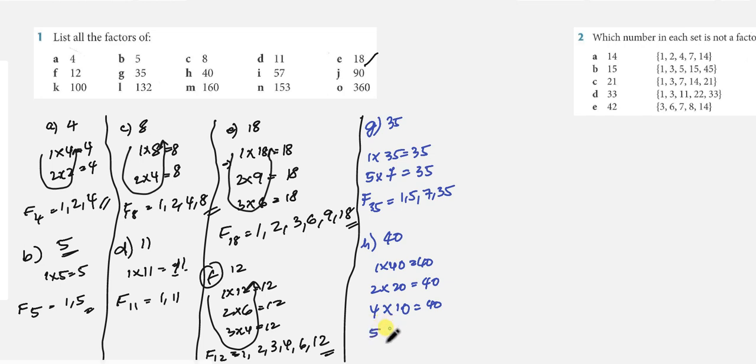Then 5 times 8 is equal to 40. And the next number is going to get repeated because 8 times 5 is 40. So stop here. So F40 is equal to 1, 2, 4, 5, 8, 10, 20, and 40.